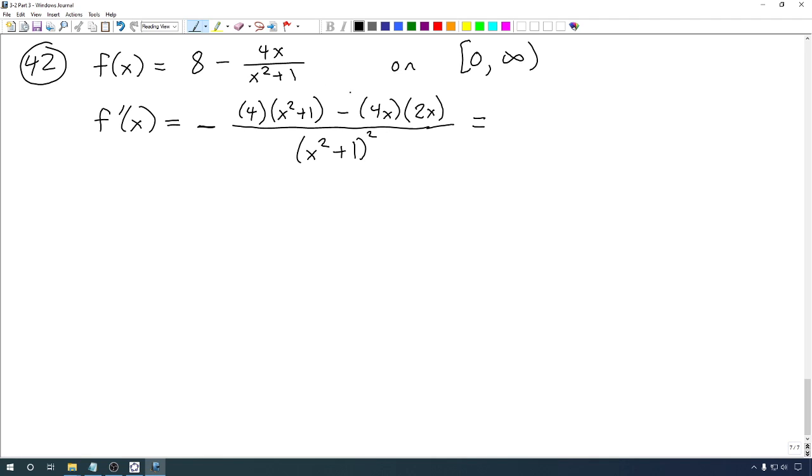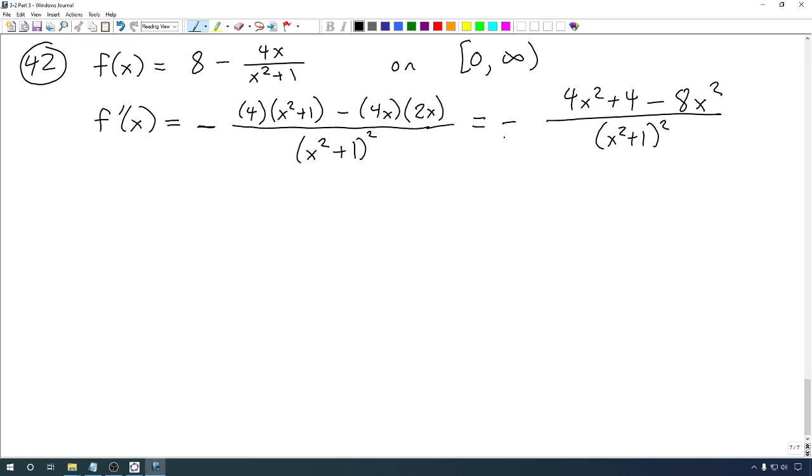We'll go ahead and simplify this a little bit. So here we have a 4x squared. Actually, let me just write it all out. We have 4x squared plus 4, but then over here we have a minus. When we combine the 4 and the 2, we get a minus 8x squared. We can combine the 4x squared with the minus 8x squared to get a minus 4x squared.